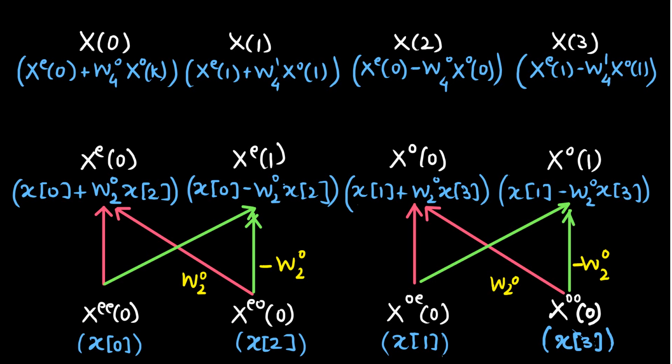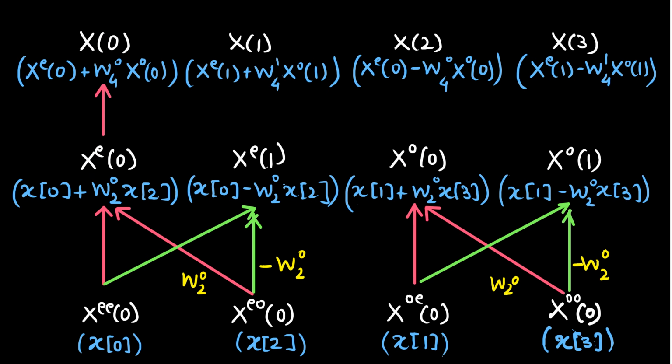So if we observe this x of 0, it is basically obtained from x even of 0 and x odd of 0, that is this point here as well as this point here. So what we need to do is, we need to consider it like this.